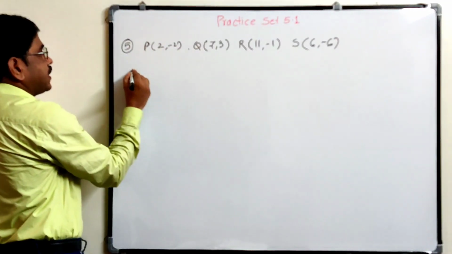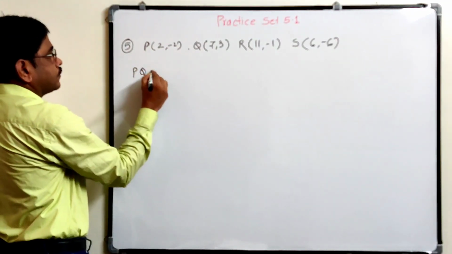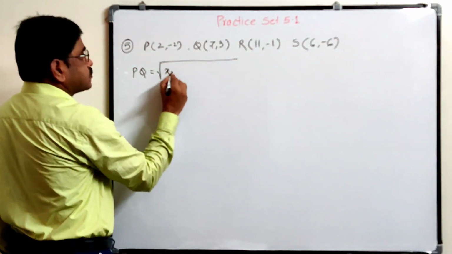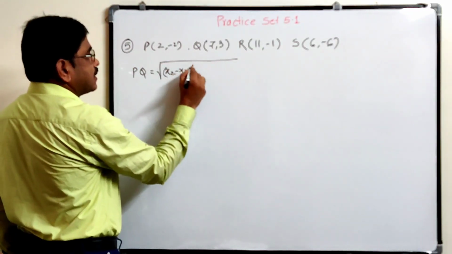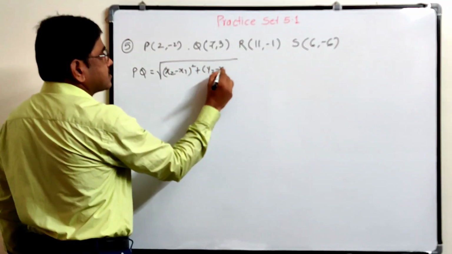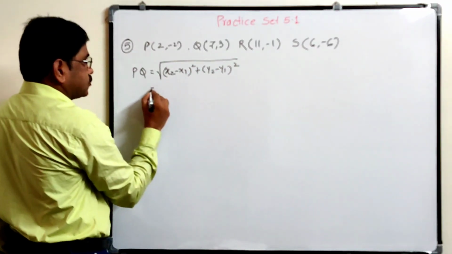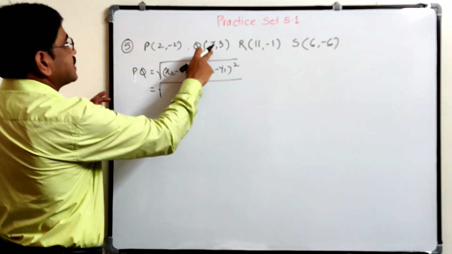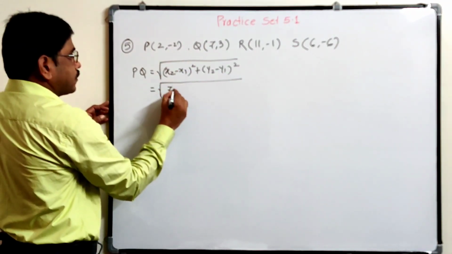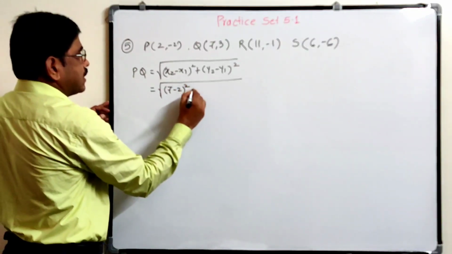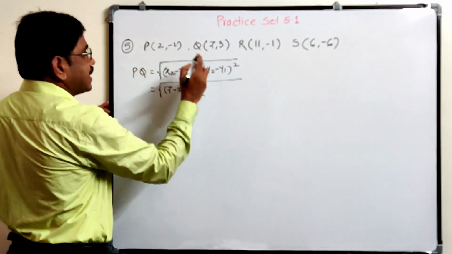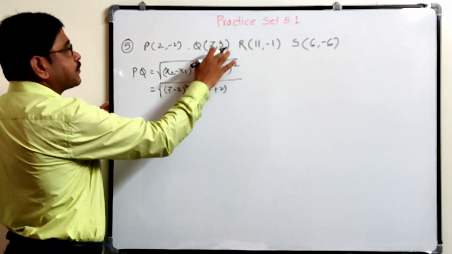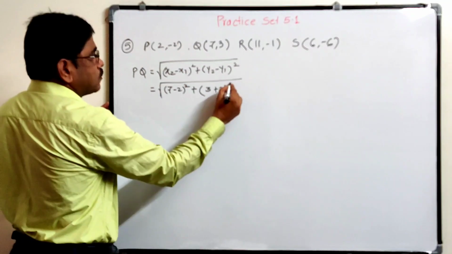So distance PQ is equal to root of (x2 minus x1) bracket square plus (y2 minus y1) bracket square. So is equal to, directly writing the values from this one, (7 minus 2) bracket square plus (3 minus (-2)), 3 minus (-2) means 3 plus 2, bracket square.